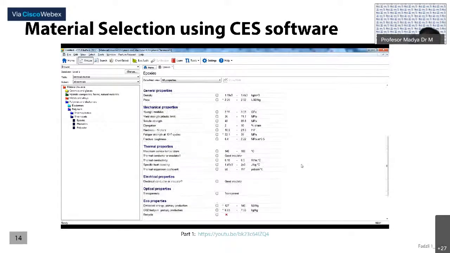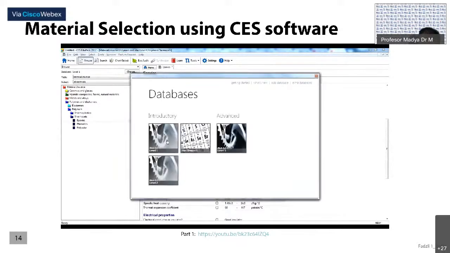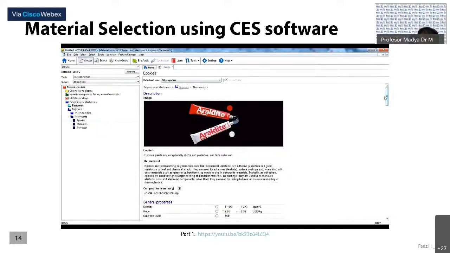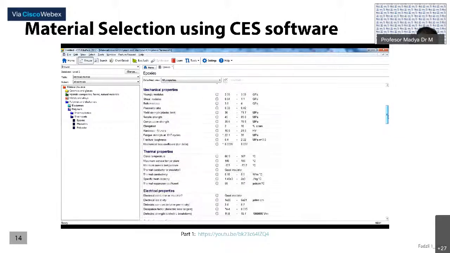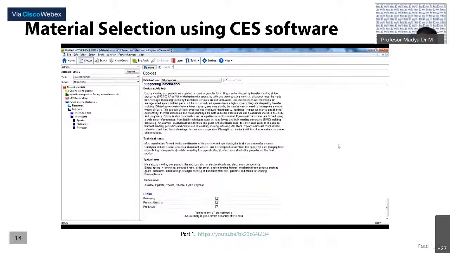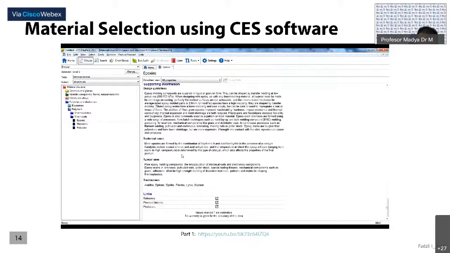If I want to look at the same properties in level 2, I just go to File, Change Database, and instead of level 1, I change to level 2. Then I'm introduced to this page. Again, I have all materials. I can explore from here or from the left hand side. So I click on polymers again, and thermosets, similar to what I did here, and I have epoxies. Of course, I'm expecting to see more information, mechanical, thermal, and physical, listed here, and here I have compared them in this picture.